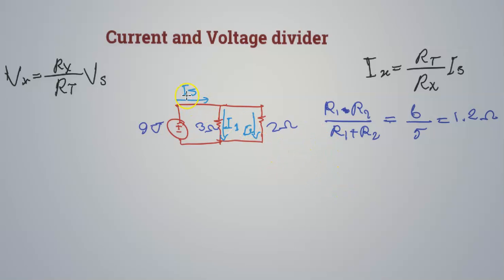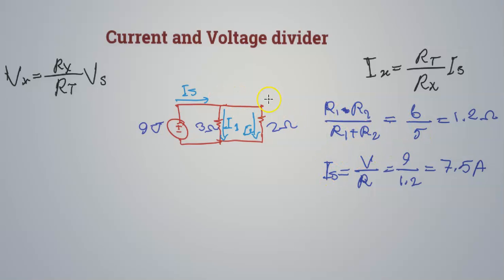So for the current source, we simply can use Ohm's law, which is I equals V over R, this is 9 divided by 1.2, which is 7.5 ampere for the current source.